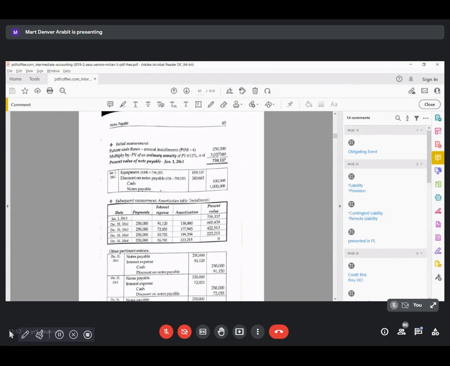So meaning yung 250,000, which is supposed to be 1 million ang total niya for 4 years. Tama, di ba? So 250 times 4 is 1 million. But as of January 1, 2021, ang present value lang niya is 759,337.